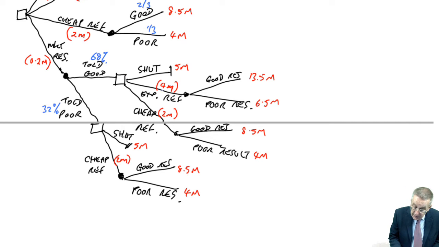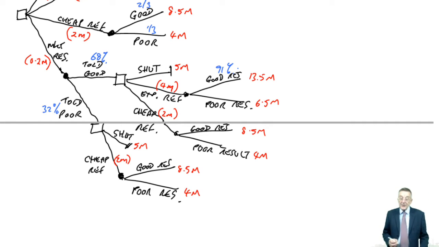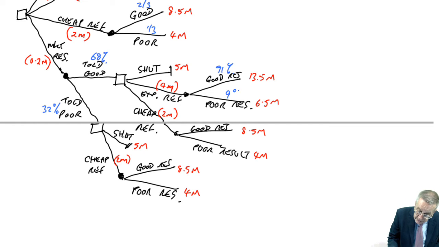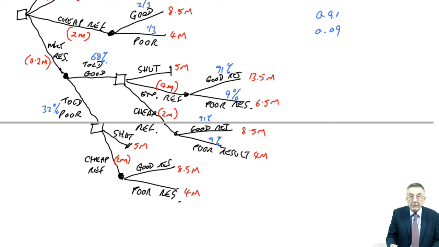So they've said it's good. There's a 91% chance that it actually is good, and therefore a 9% chance that it actually turns out to be poor. And that'll be the same for either of them. So even if it's cheap, 91%, 9%. Or if you prefer, incidentally, 91% is 0.91 probability, 9% is 0.09 probability. It doesn't matter when we come to do the arithmetic. I'll make it clear.